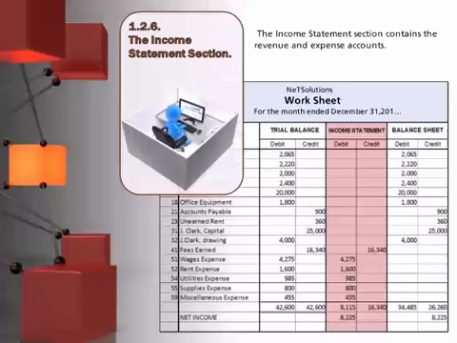Revenue accounts have a normal credit balance, so extend their balances to the income statement credit column. Since expense accounts have a normal debit balance, extend expense account balances to the debit column of the income statement section. Exhibit shows the amounts in the debit and credit columns of the income statement section.